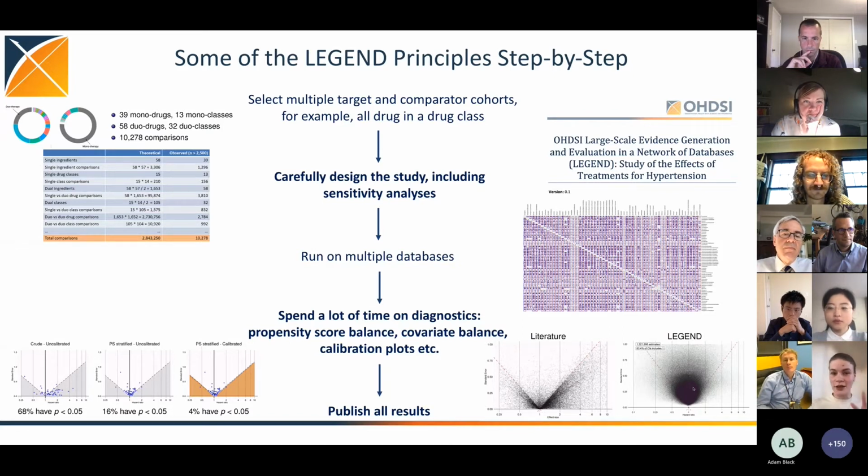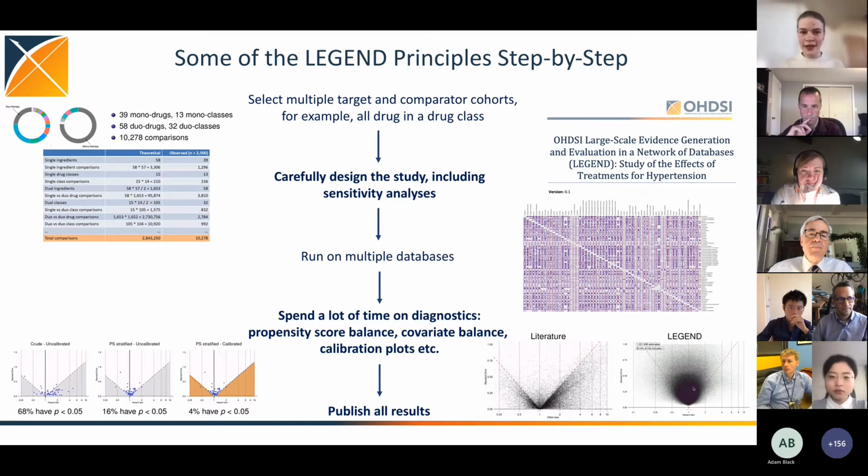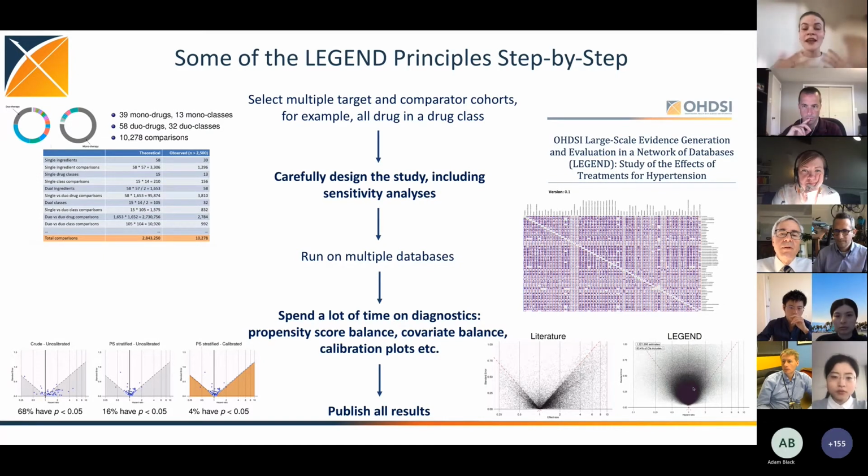You probably want to run it on multiple databases, and here you can say, okay, but what if I only have one data source at my disposal? Our answer will be that OHDSI provides you and any collaborator with this great opportunity to run a network study, so you can really leverage different data sources with a different provenance, with a lot of patients.